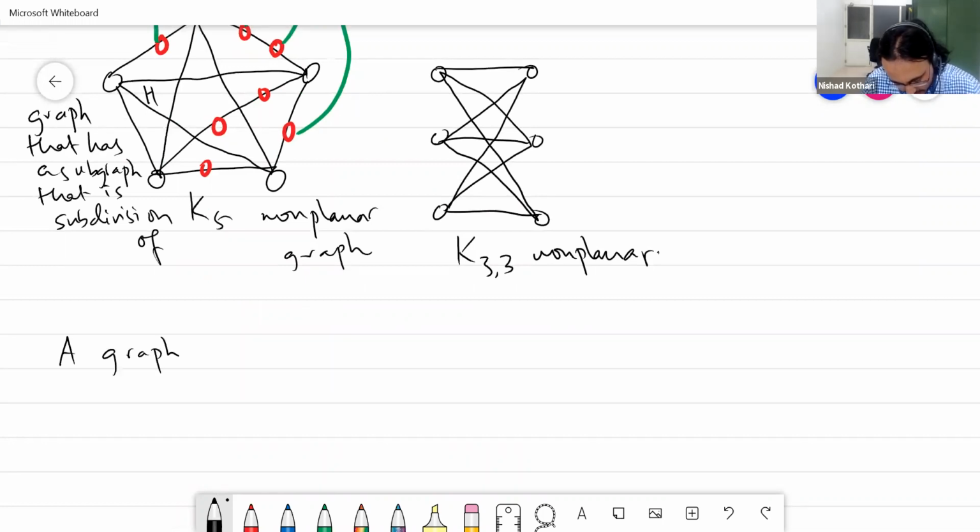Let me write it in the following way. Let G be a graph.